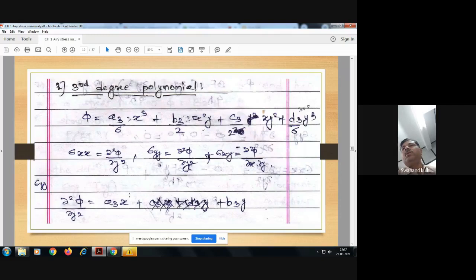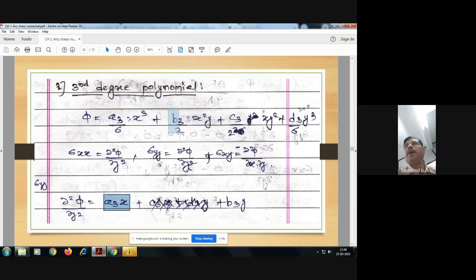So let us check here that after taking that differentiation we will get a3x, because the term x raised to 3 is present here. In the first differentiation this will be 3x², and then 6x, and the 6 will get cancelled, and this will become a3x.